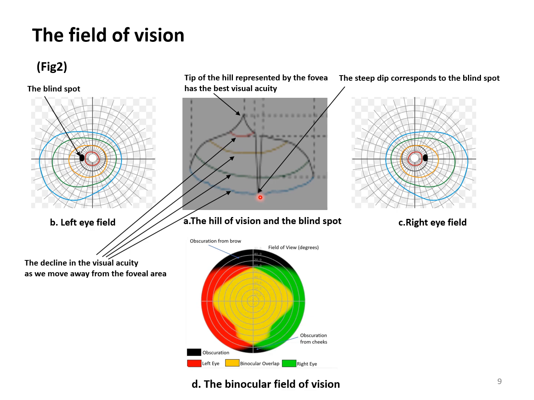This dip corresponds to the blind spot or the optic nerve head where there are no visual receptors. The blind spot is represented in the visual field on the temporal side of the fovea here as a black spot in the right eye, and this is in the left eye.